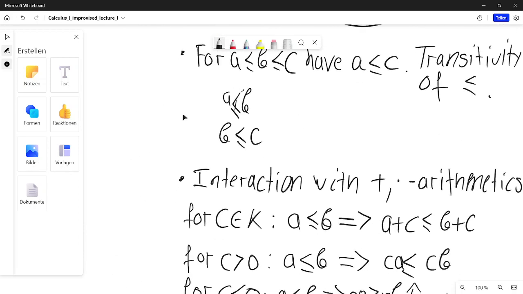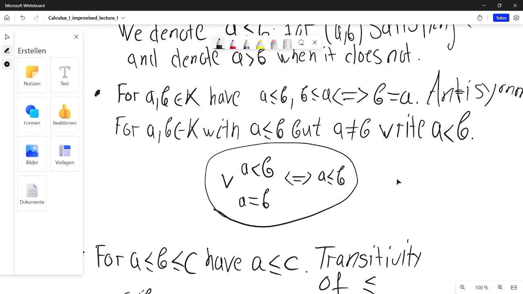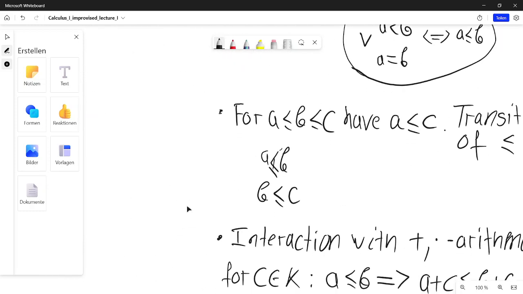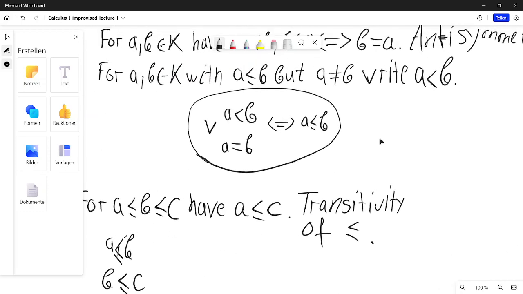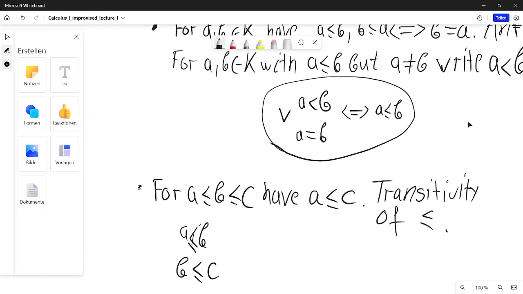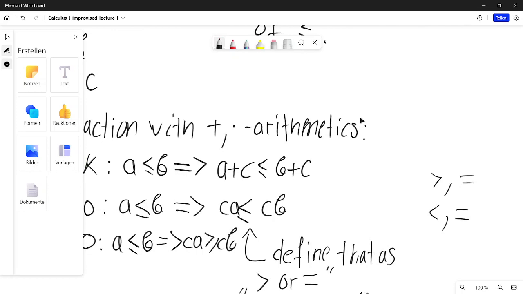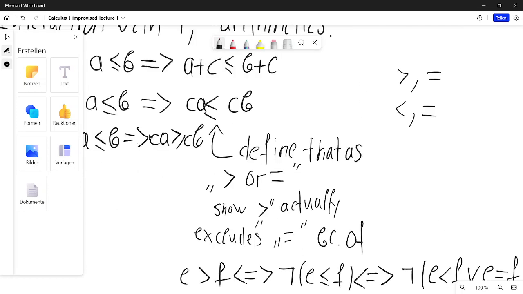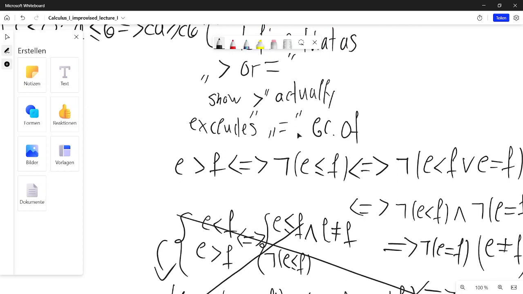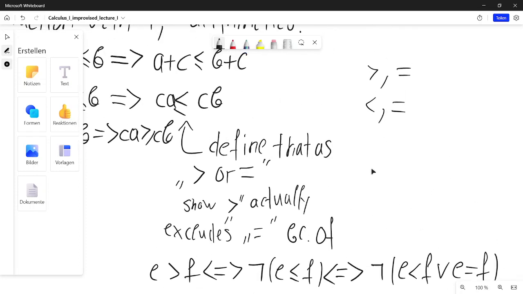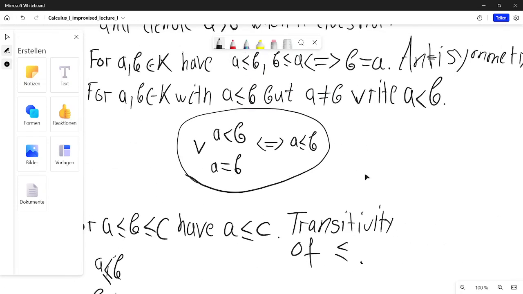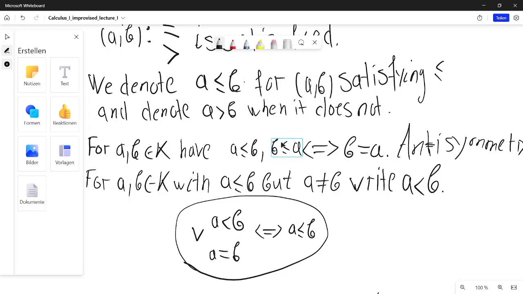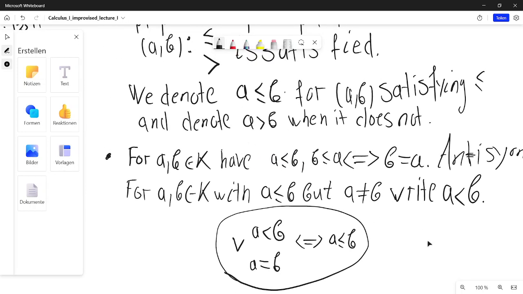Now, we have transitivity, we have antisymmetry. Do we have to do something else? Well, by the way, there is a nice consequence of that definition here. That actually implies that equality implies that, and this implication is called reflexivity.